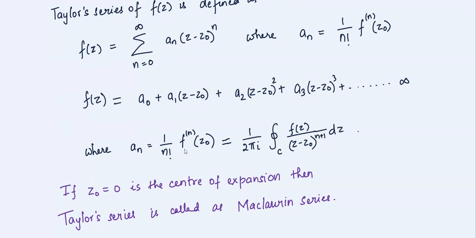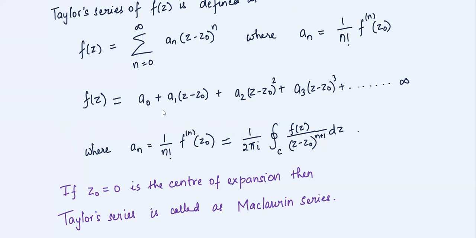In real functions, we get f dash by 1 factorial, f double dash by 2 factorial, f triple dash by 3 factorial, and so on. And this a naught will actually be f of z naught, basically.